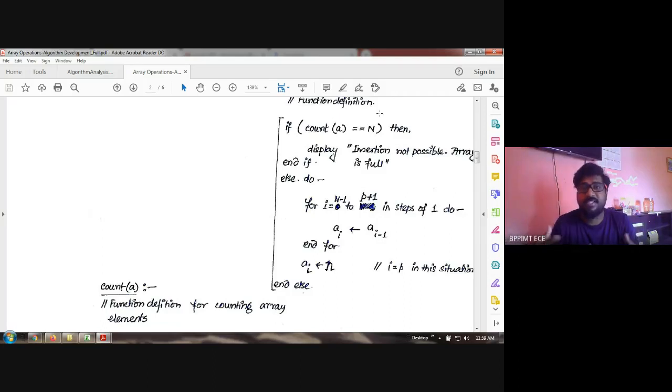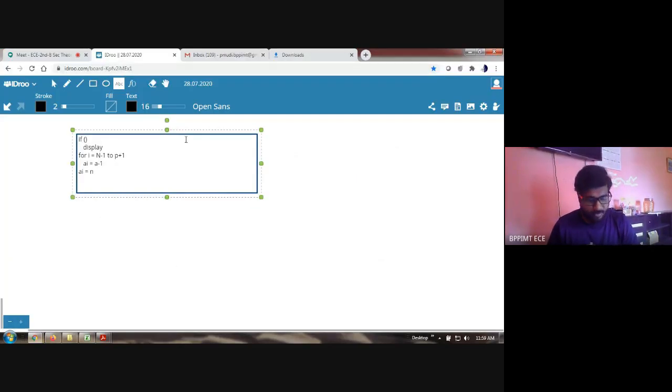The condition is executed and after execution it will return either true or false. That's all, but it is executed for only one time. So the number of executions is 1. Next, display: only one time a message will be displayed. That is also 1.